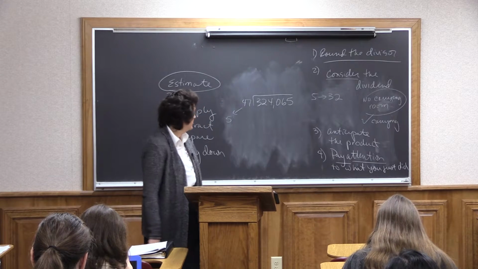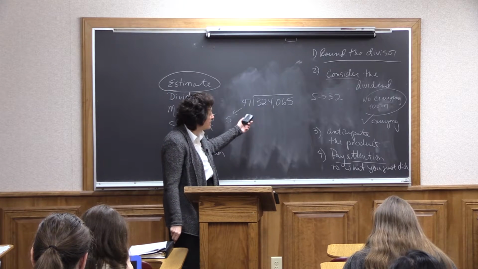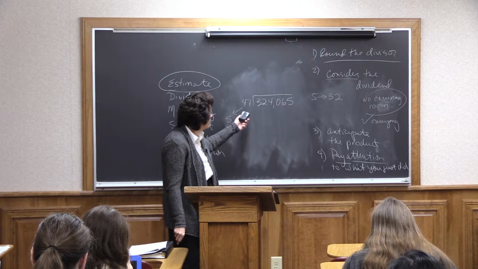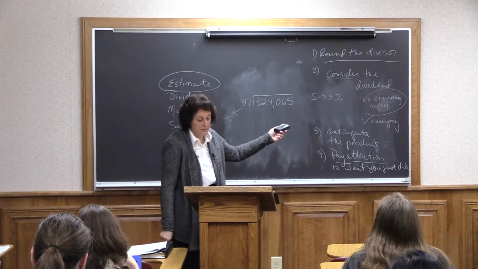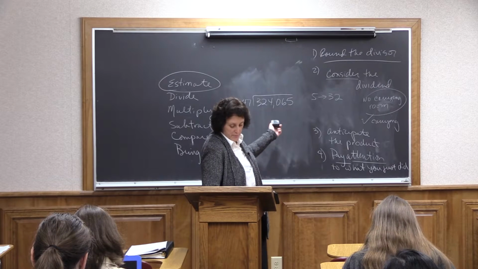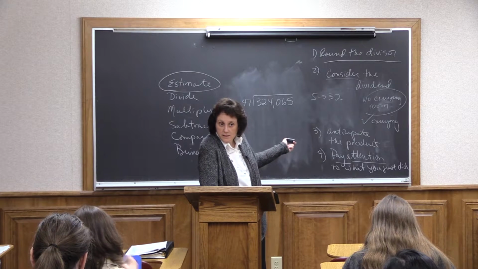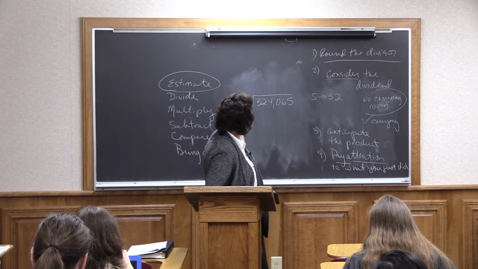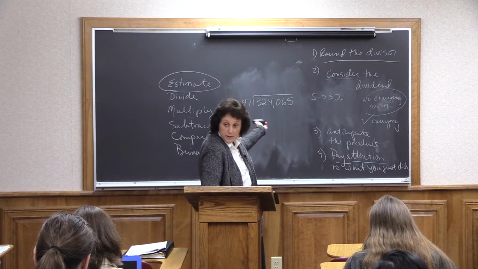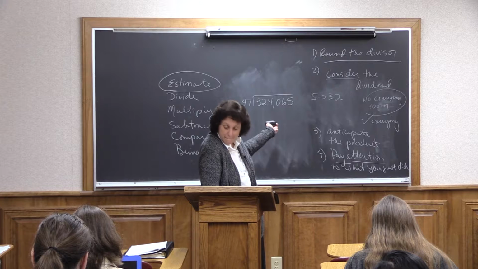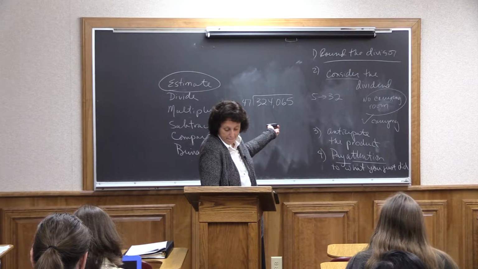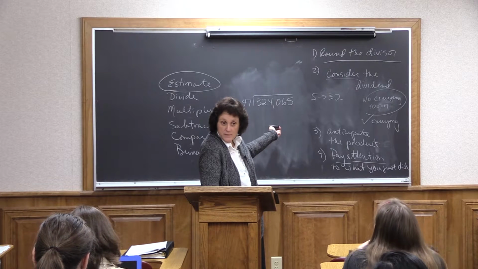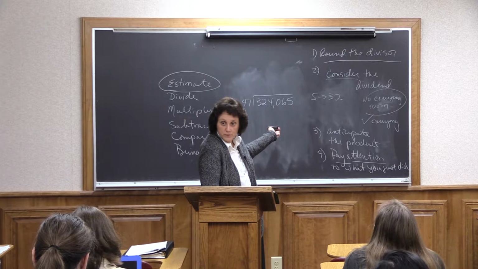6 is going to be okay. Why is it going to be okay? What do I have to carry? What am I going to carry if I use 6? I'm going to carry a 4. And what's 4 times 6? 24.